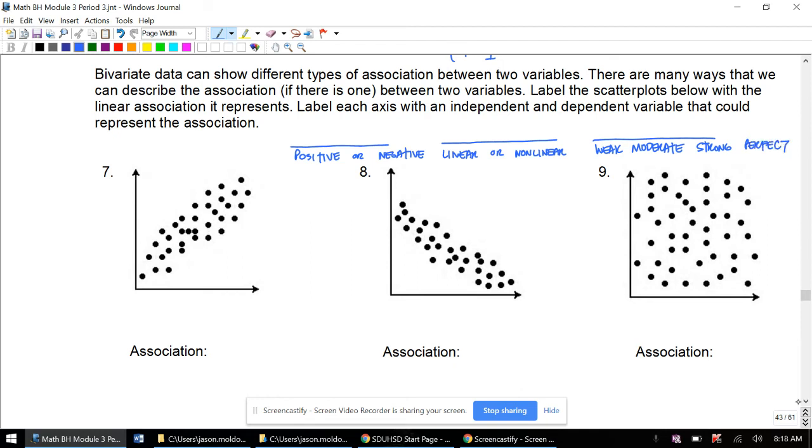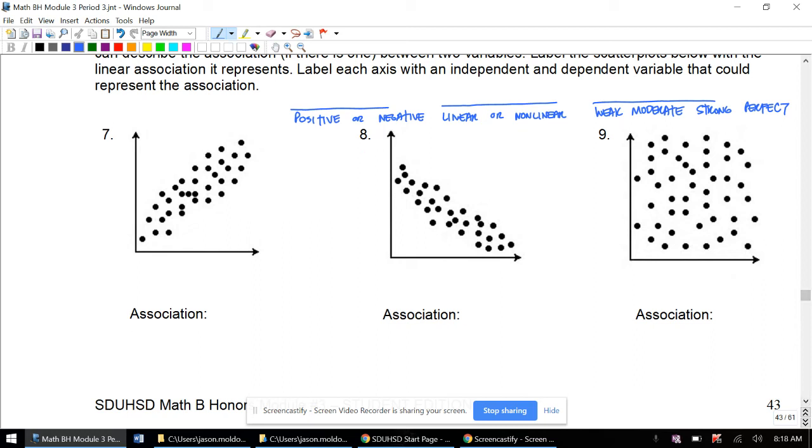So, number 7, we would say that this one is positive, and it looks like it is, for the most part, linear. It looks moderate or sort of in the middle.